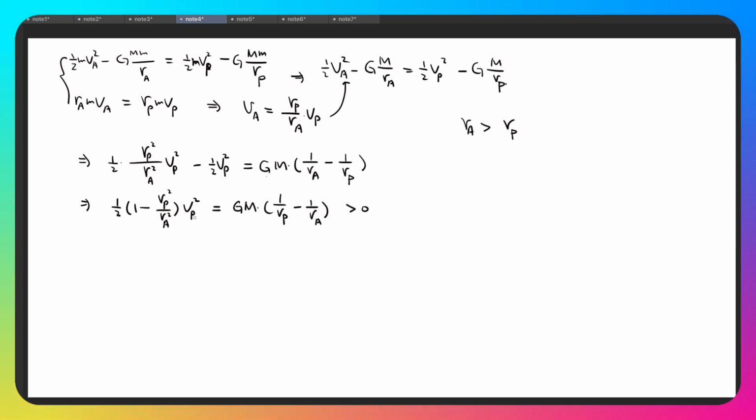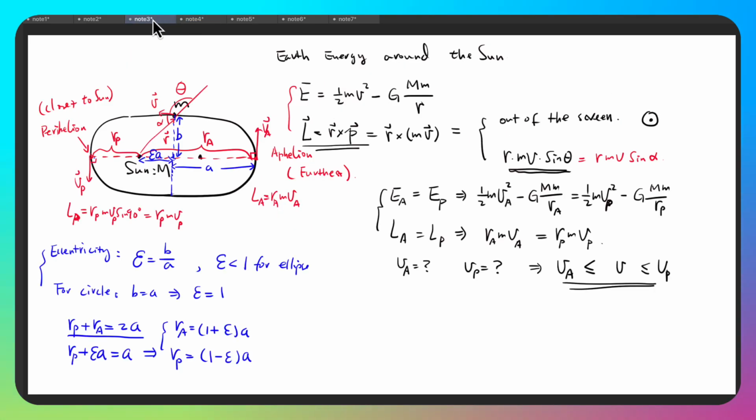Okay, so let's figure out what VP is here. And remember we said RP and RA, right? So RP is 1 minus epsilon times A. RA is 1 plus epsilon times A in terms of semi-major axis length, right? So that's these two.